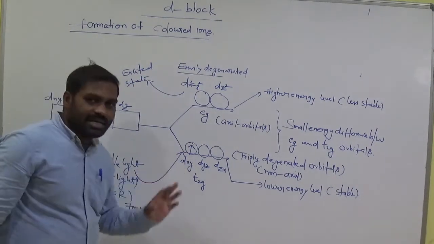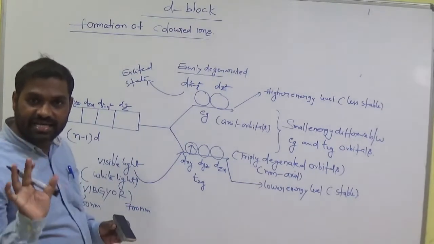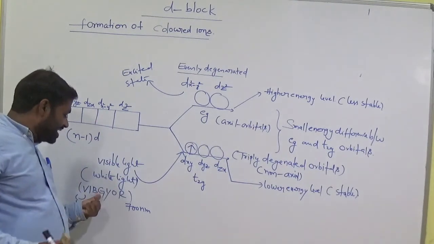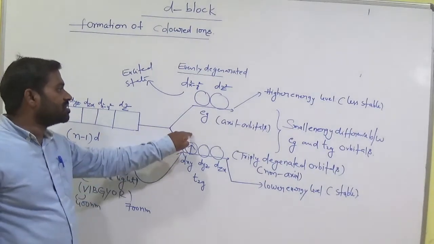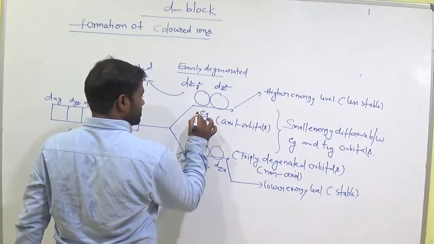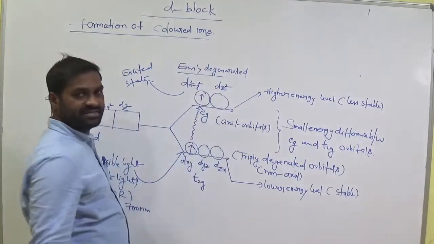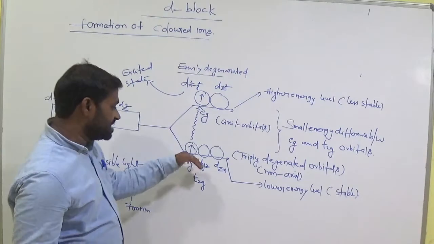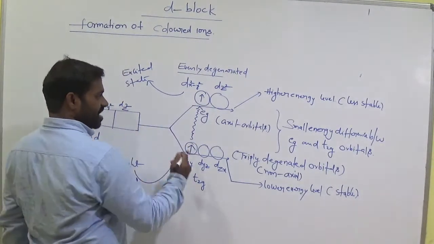Suppose this electron belongs to titanium plus 3. Clear? The titanium plus 3 absorbs the green color light and the electron shifts to a higher energy level. In that case, this is d orbitals, this is also d orbitals, so a transition takes place.